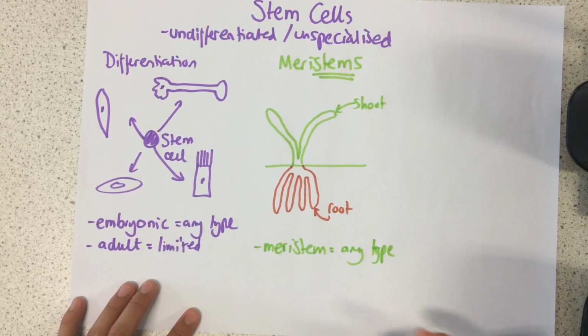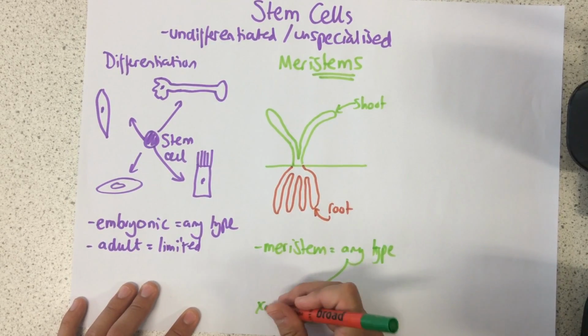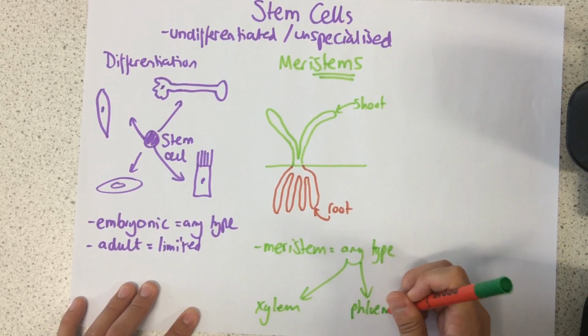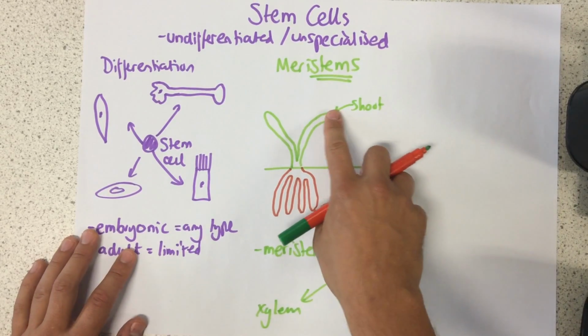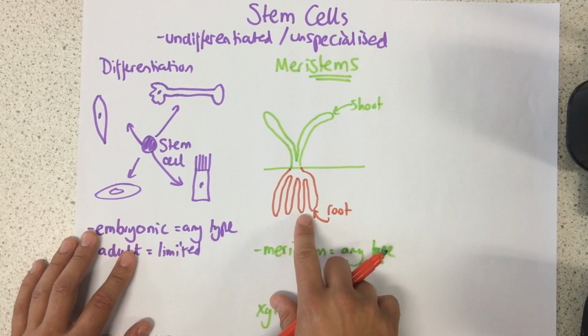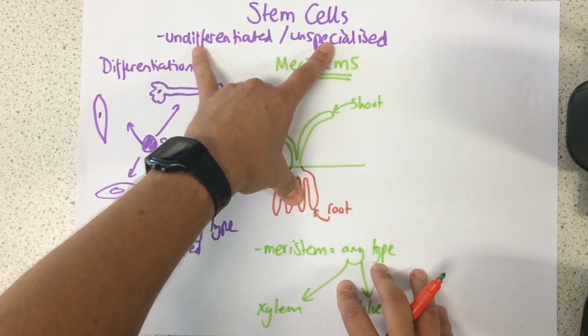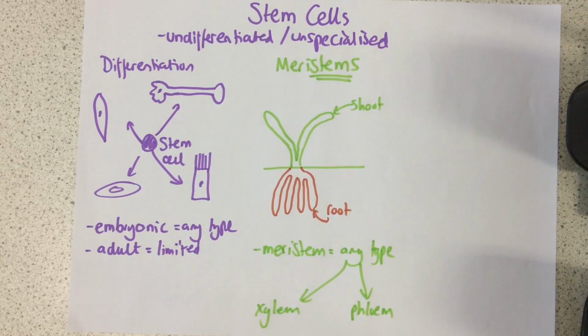So an example of specialized cell in a plant could be, for example, xylem and phloem, which transport substances around the plant. So at these parts here, the tips of the shoot and the tips of the root, this is where we find meristems, which are undifferentiated, unspecialized plant cells.